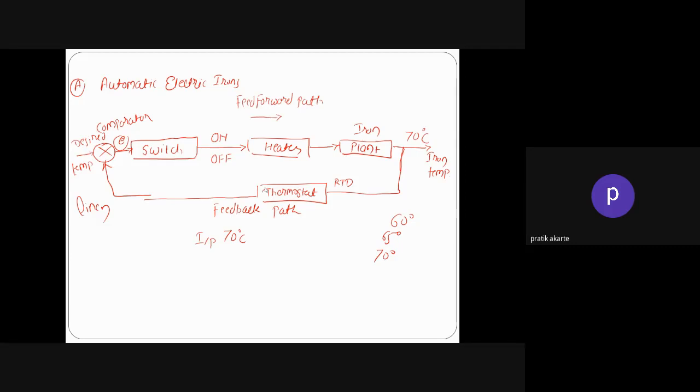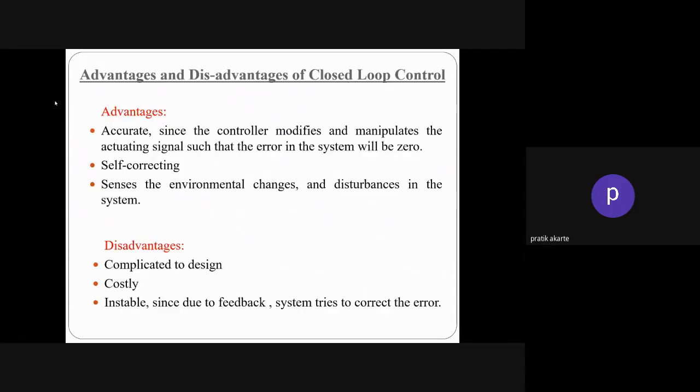Okay, so this is one thing. Next is the next example, I will quickly finish. The second example is the Sun Seeker solar system. So what is there in the Sun Seeker solar system?